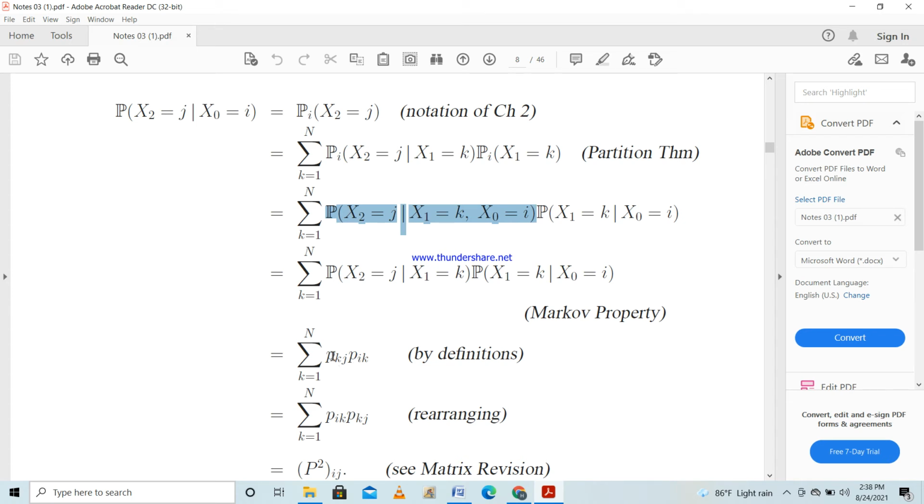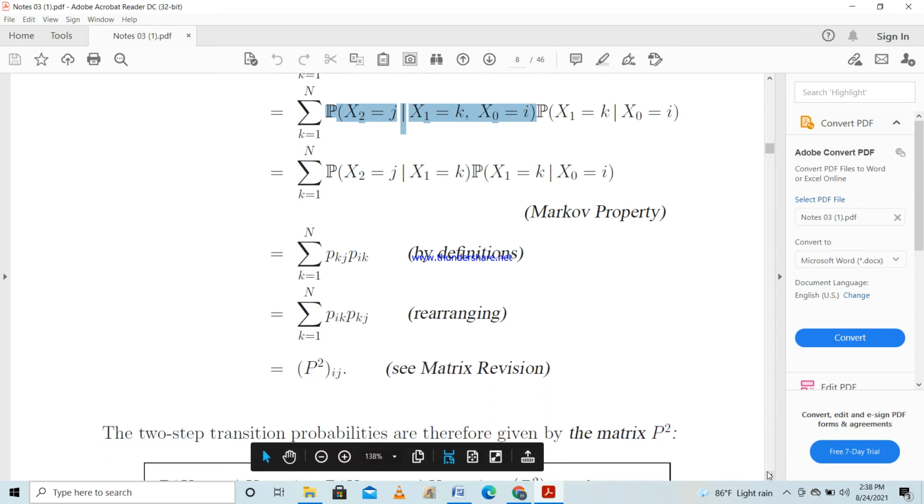So this is actually the same matrix. What you can do is, if you just rearrange this as P_ik into P_kj, we are just multiplying the two matrices, right? So this is P squared ij.